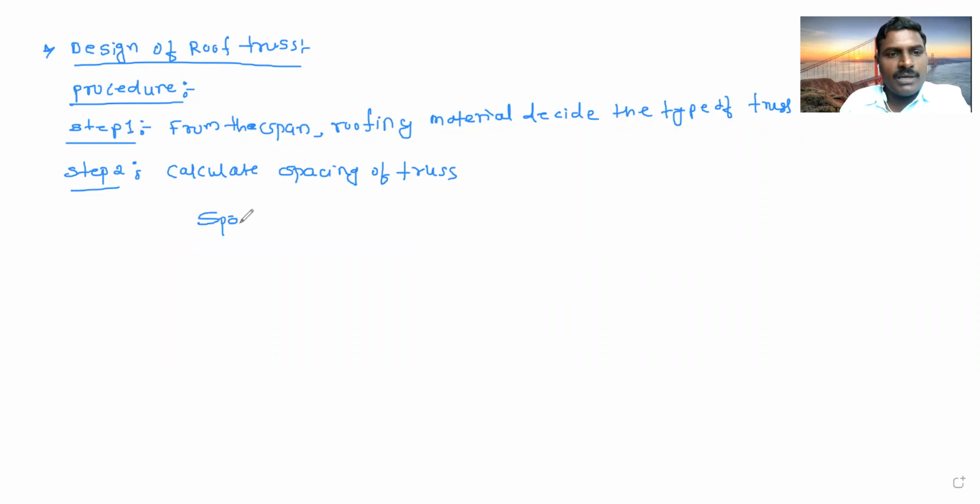We have written the formula in the different terms used in the truss. We have seen 1/3 to 1/5 of span. By using this formula, we can calculate the spacing of truss.